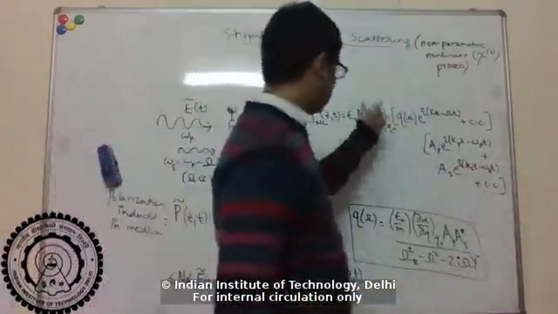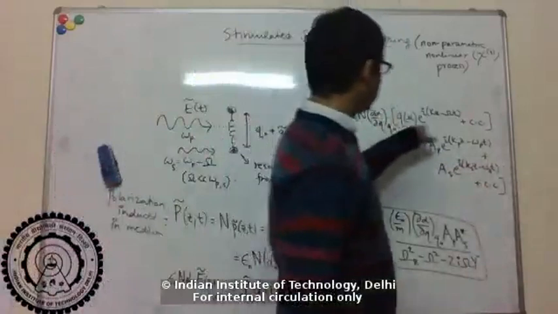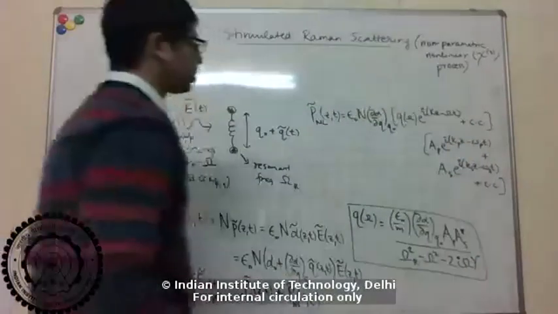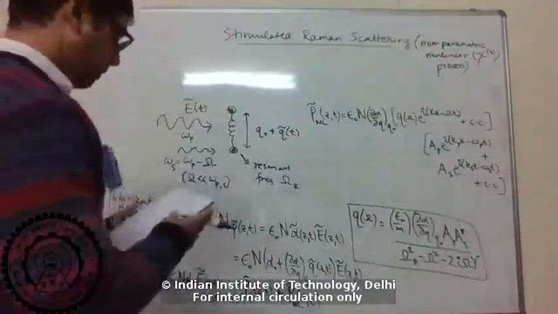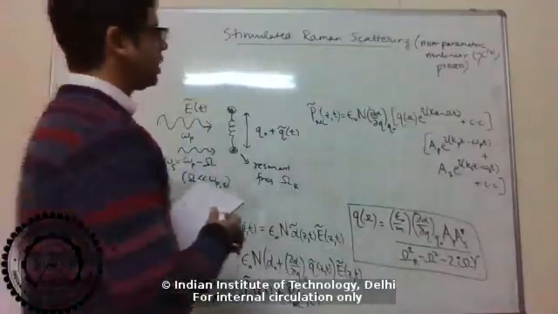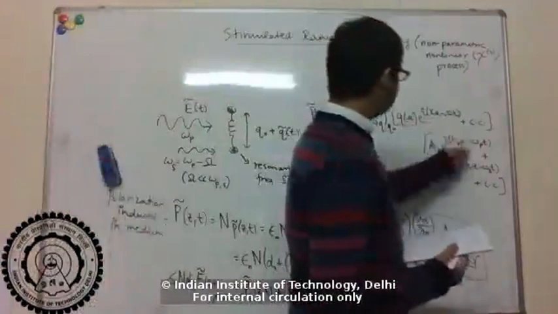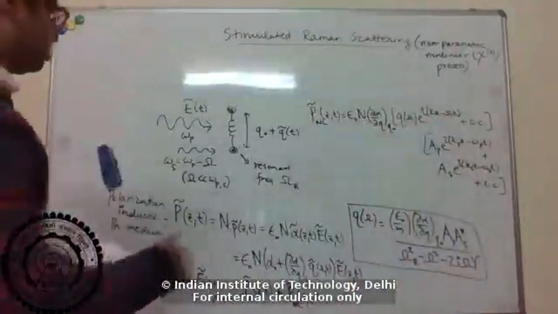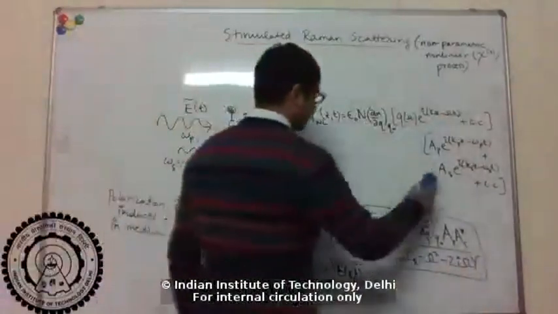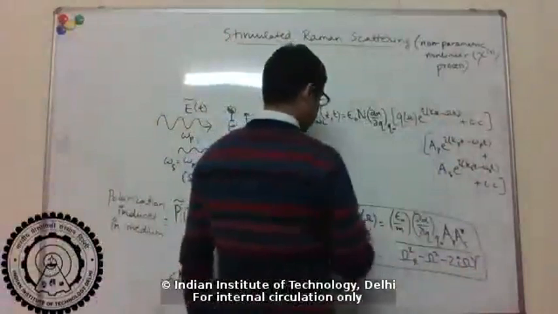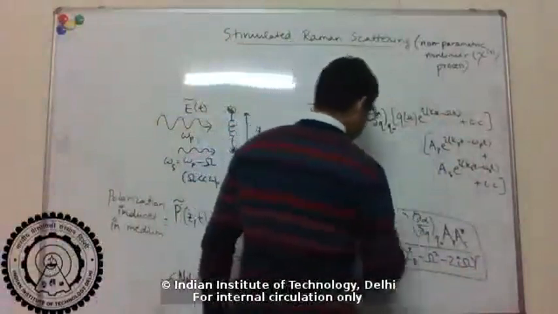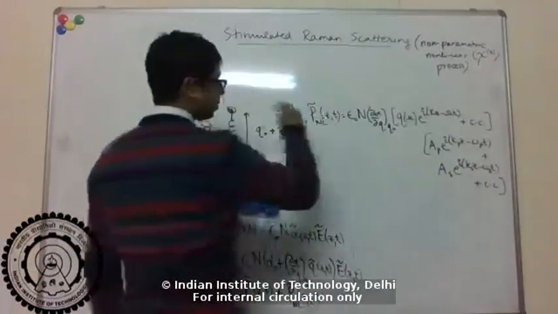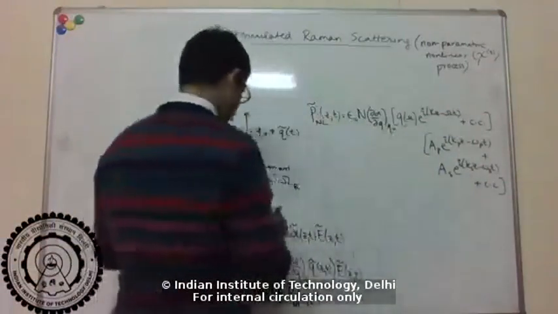So for q, I substitute the form for q, right? And then for E, I substitute E. Okay, so now again this will have terms going at different frequencies here. Okay, right? But we can specifically look at the term which is oscillating at the Stokes frequency, omega s.